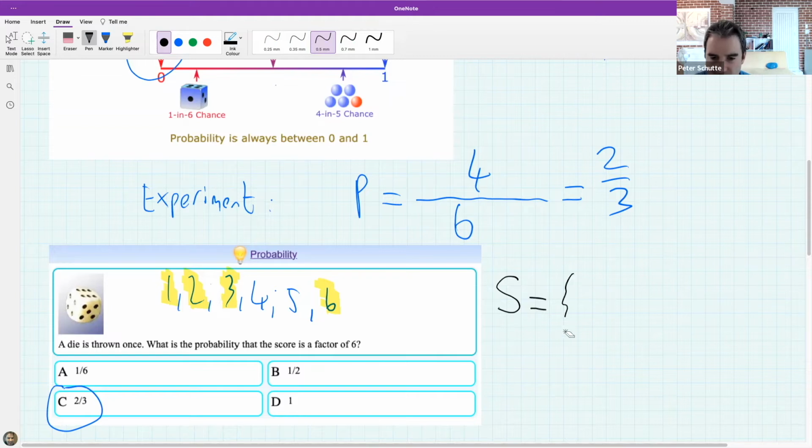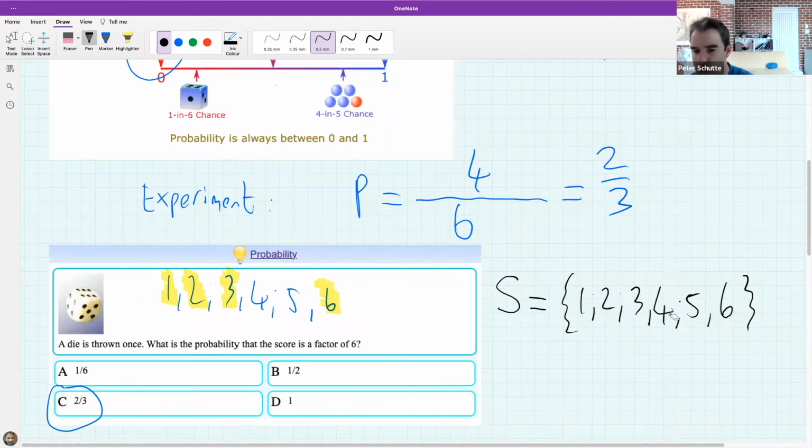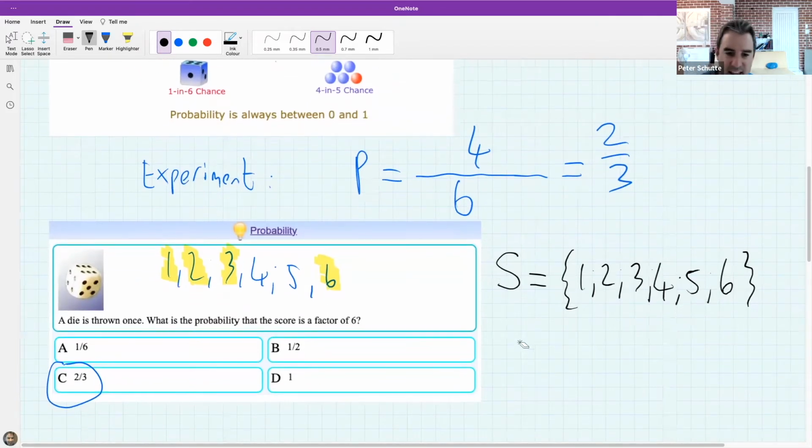Using set notation, we would say that for throwing a dice, there are 6 possible items. And so we'd say that the number of items in S is 6.